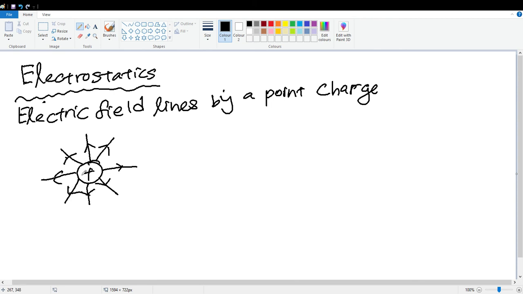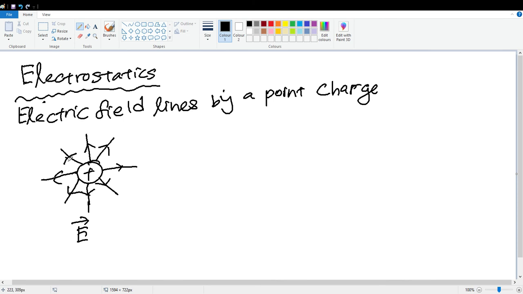So the positive charge can move towards these directions: 1, 2, 3, 4, 5, 6, 7, 8. So these 8 directions could possibly be the movement of the positive charge. Since the direction of the force is towards these directions, the same goes for the electric field lines, which are also represented by these 8 lines.